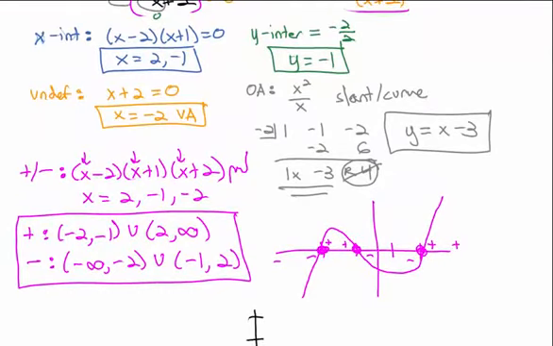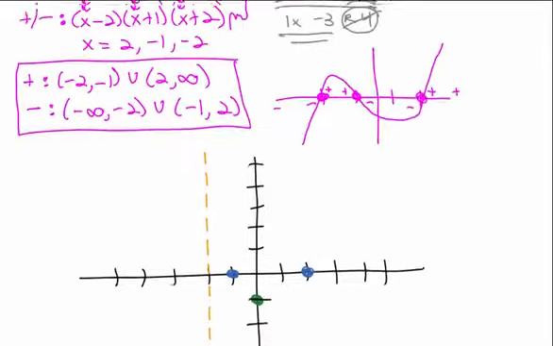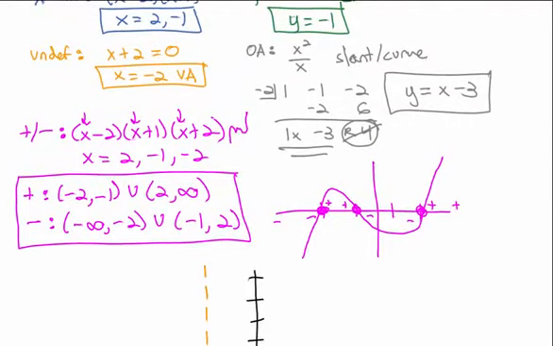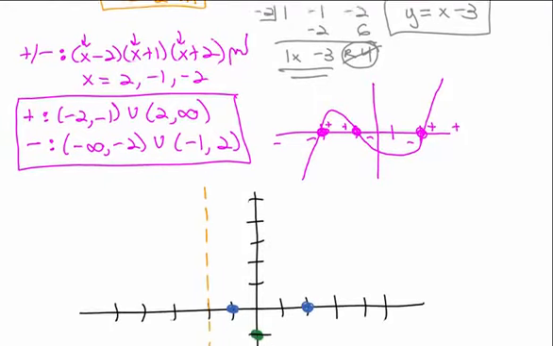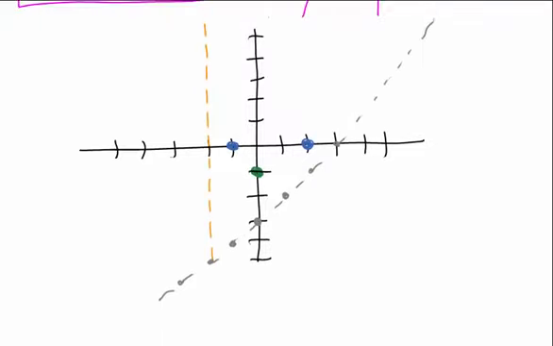Undefined, we have a vertical asymptote at x equals negative 2. We have a slant asymptote at y equals x minus 3. We should know that has a y-intercept of negative 3 and a slope of rise 1, run 1. So we make a couple dots to give us an idea of where this graph is going. There's our slant asymptote. So we might need to extend a few lines just in case here.